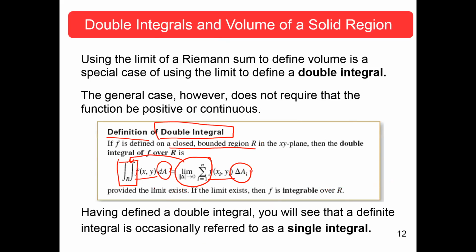Okay, so this is the so-called double integral. The one that we had before can also be referred to as a single integral because it has one single integral sign. Okay.